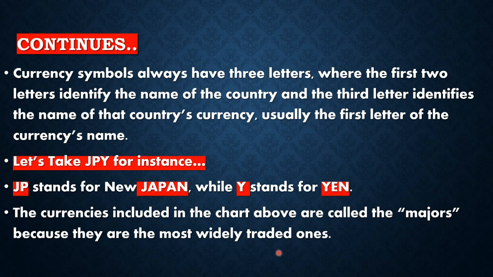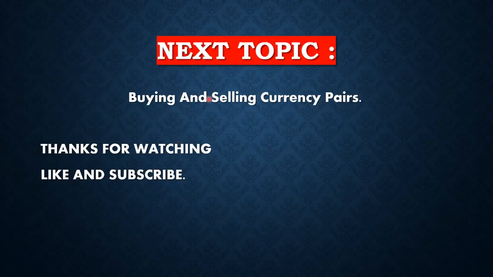So guys, this is all I wanted to explain on what is traded in forex. Now you understand that what is traded is currencies, and we are trading currency pairs, and currencies represent money of a certain country's economy. So we all understand that. The next topic will be buying and selling currencies.